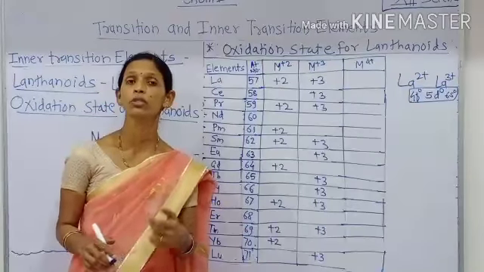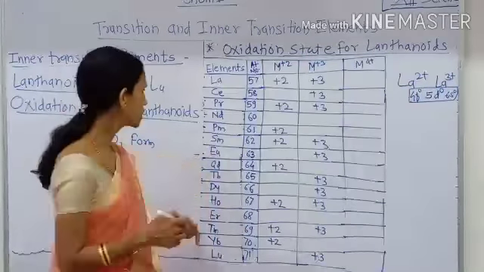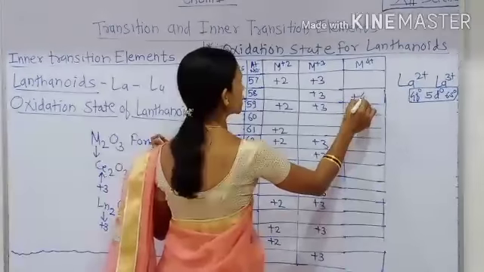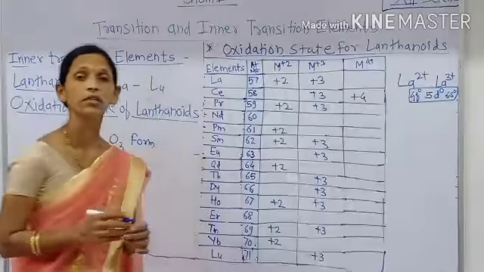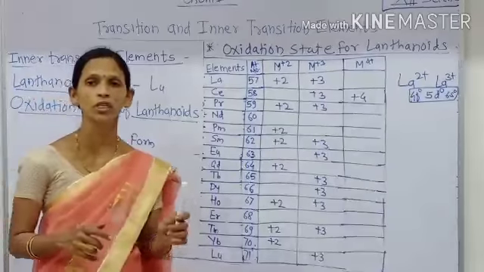A few of them show higher oxidation states. Cerium shows the +4 oxidation state, which is a stable oxidation state for cerium.